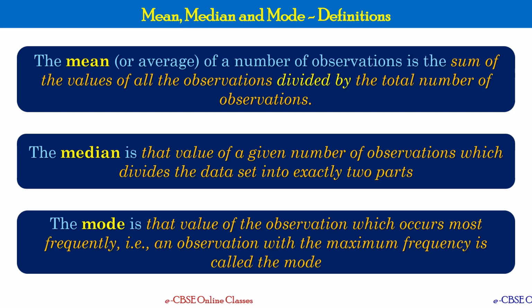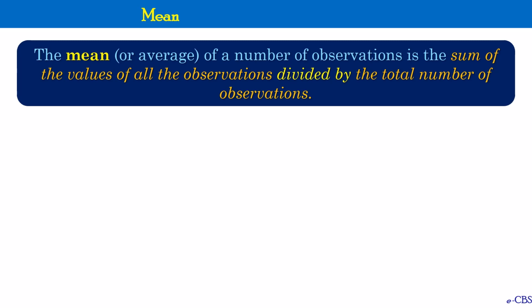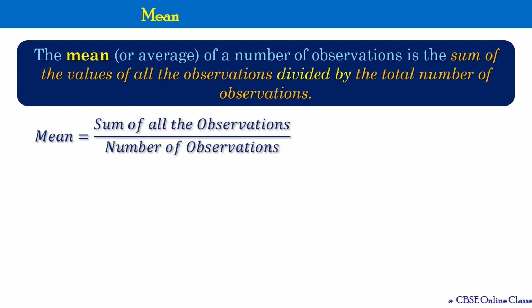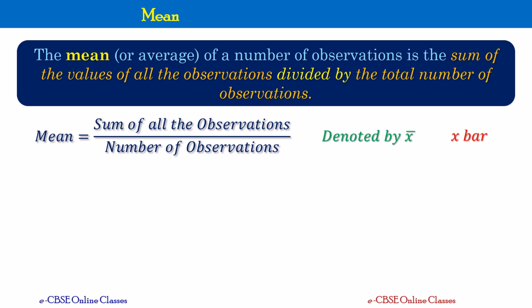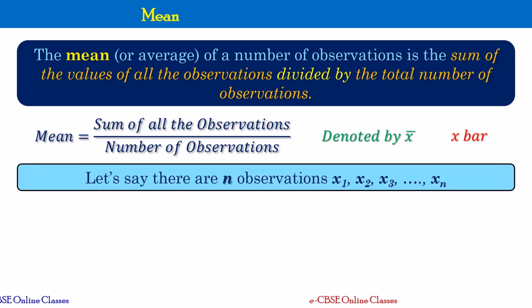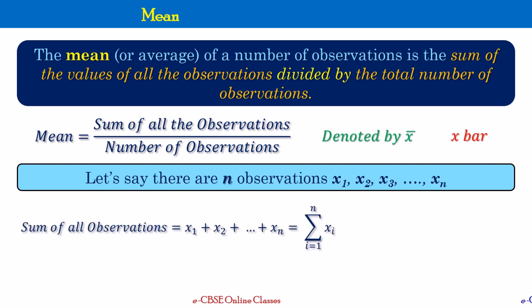That is, an observation with the maximum frequency is called the mode. Now we turn our attention to mean a little more. By definition, mean is nothing but the sum of all the observations divided by the number of observations. It is denoted by x with a bar on top of it and it is read as x bar. We have already learned that in the previous video. And when you have, say, n number of observations called x1, x2, x3 and so on up to xn, the sum of the values is written as x1 plus x2 plus x3 and so on up to xn.